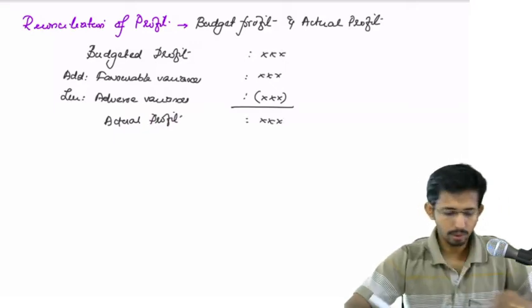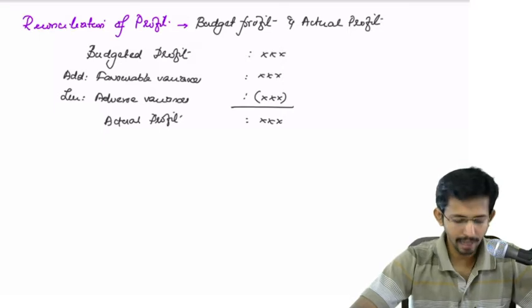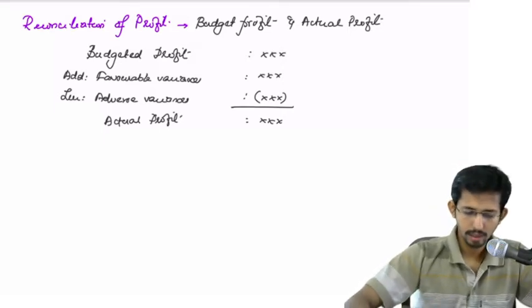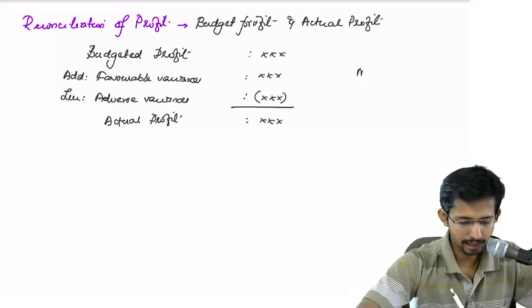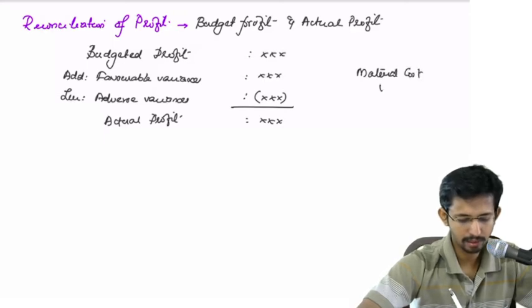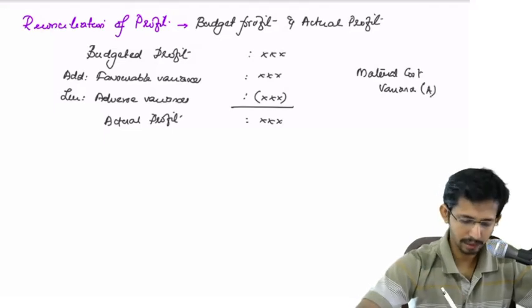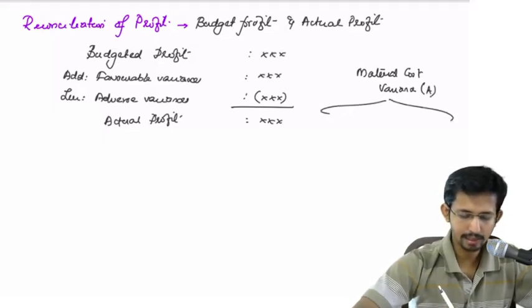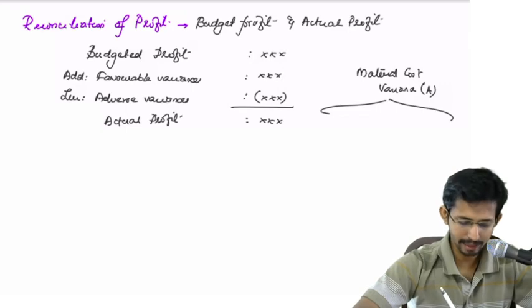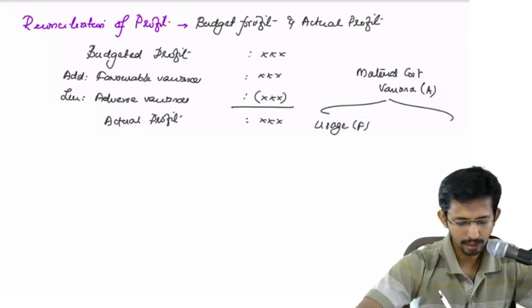One thing you need to keep in mind here is that suppose you have calculated material cost variance, and you got a value which is adverse. Then it has the next bifurcation as usage variance, which let me say is favorable, and price variance, which is adverse.